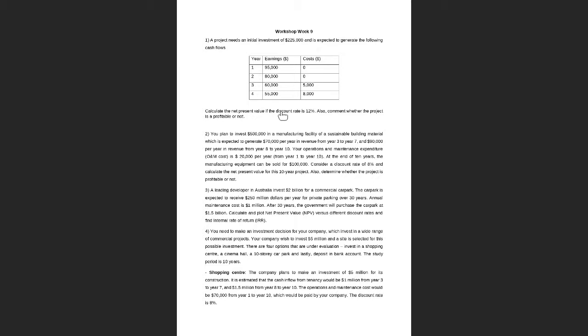So what is the discounted cash flow for the third year? Okay, it is 55 divided by, yeah, that's right. So do this for all the years, then add it up together.